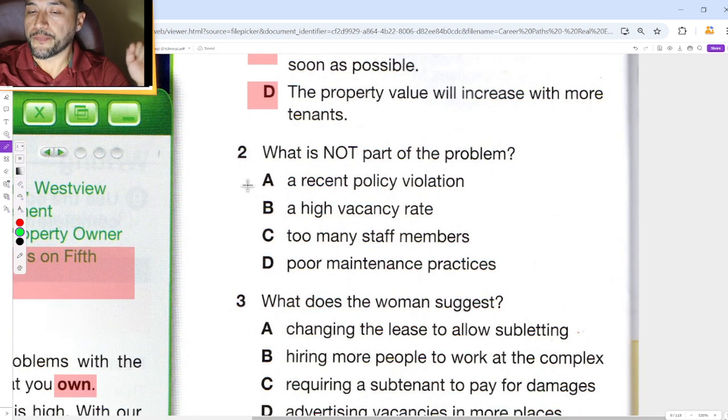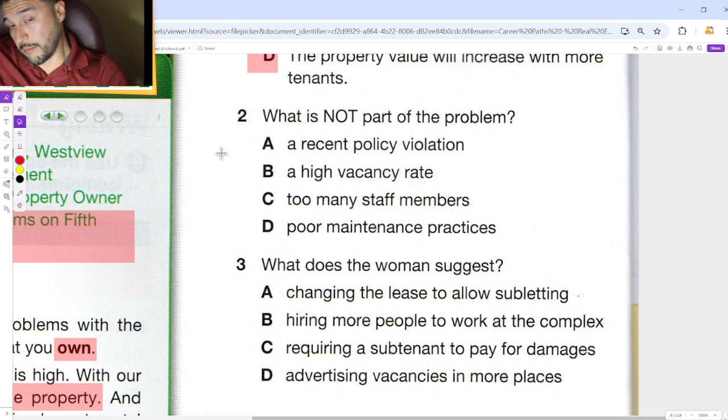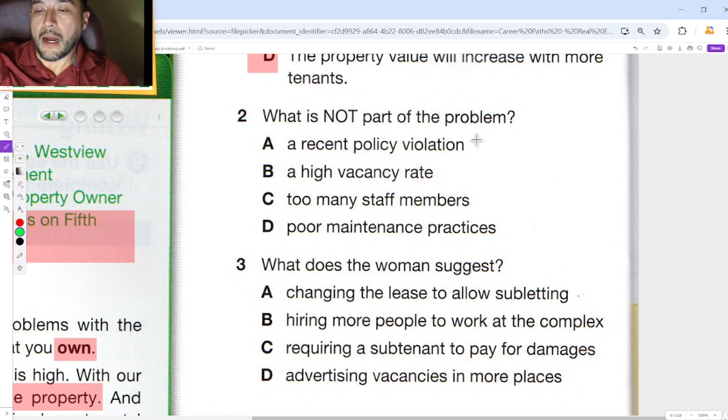Number 2. What is not part of the problem? What is not mentioned in the email that is part of the problem? Or it's mentioned in the email maybe, but it's not a problem. A recent policy violation? Yeah, remember somebody sublet her apartment? High vacancy? Yeah, they said we have a high vacancy.